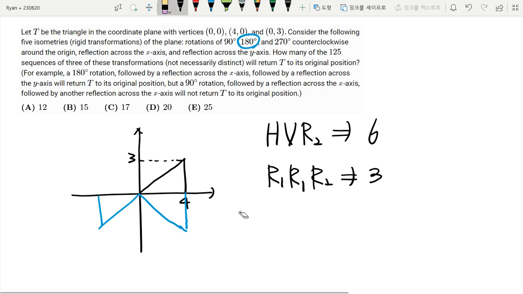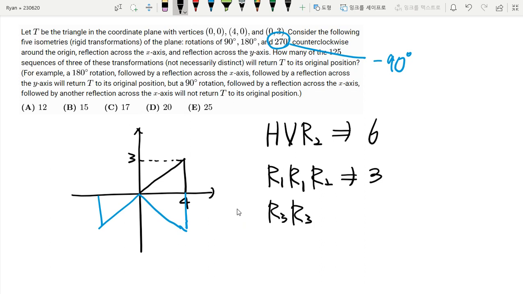And if we use this 270-degree counterclockwise rotation, actually that's the same as a 90-degree clockwise rotation. So we can say this is the same as minus 90 degrees because the direction is negative. This means if we call this rotation R3, and we use R3 twice, that makes minus 180 degrees.